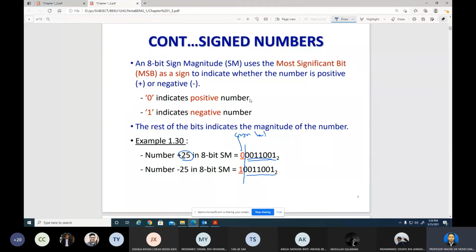Same value, same magnitude, but the difference is the sign. This one is positive 25 and this is negative 25. So you can see the difference. Normally they put the most significant bit as the sign bit.